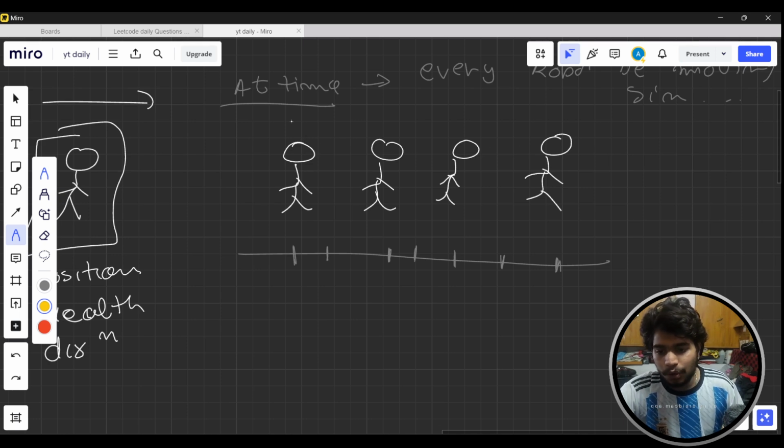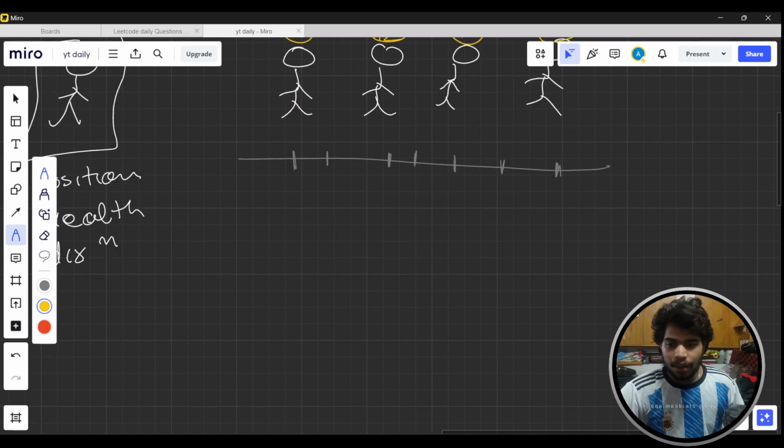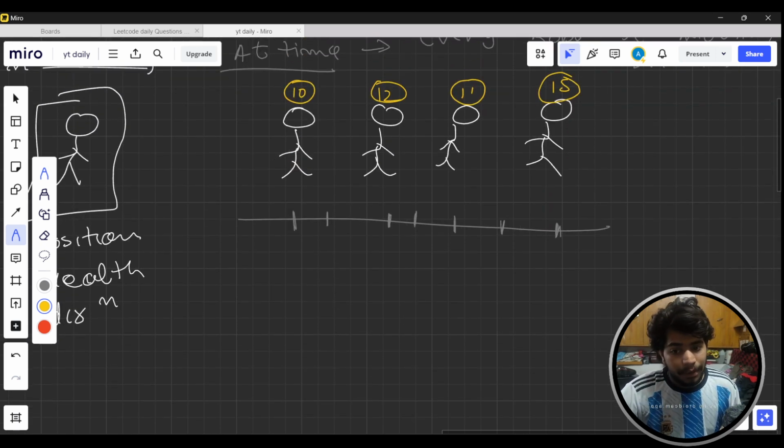Each of them has its own health. Let's say it has 10, 12, 11, 15. Each of them has its own position, let's say any position. And each of them has its own direction it will be moving in.